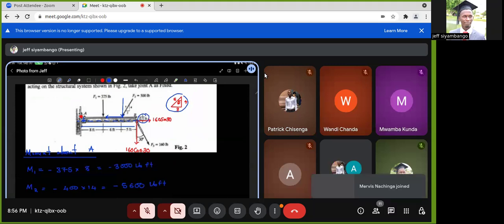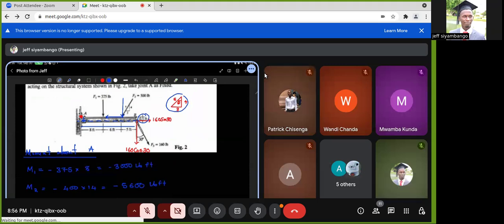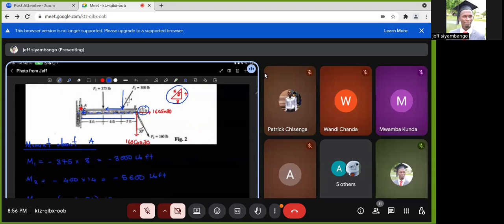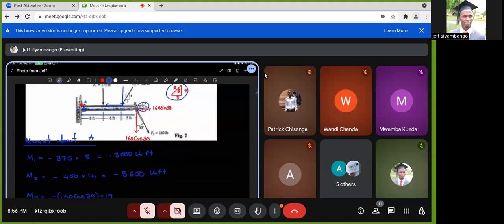So the distance from A to where the force is passing is 0.5. So put together, we're going to have that force 160 sine 30.